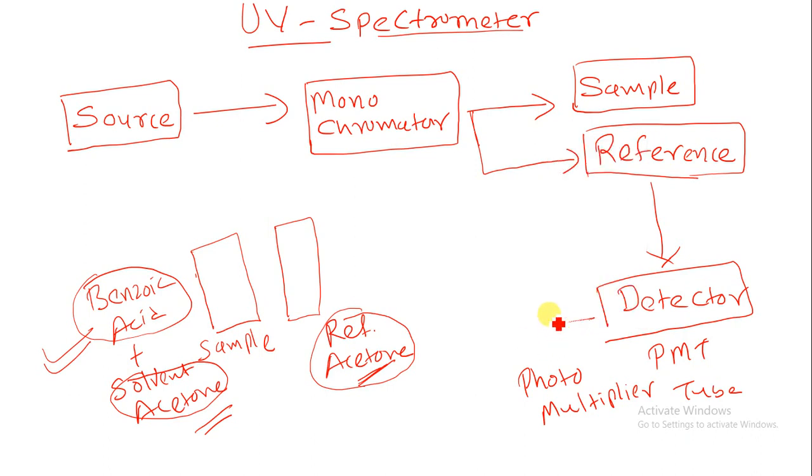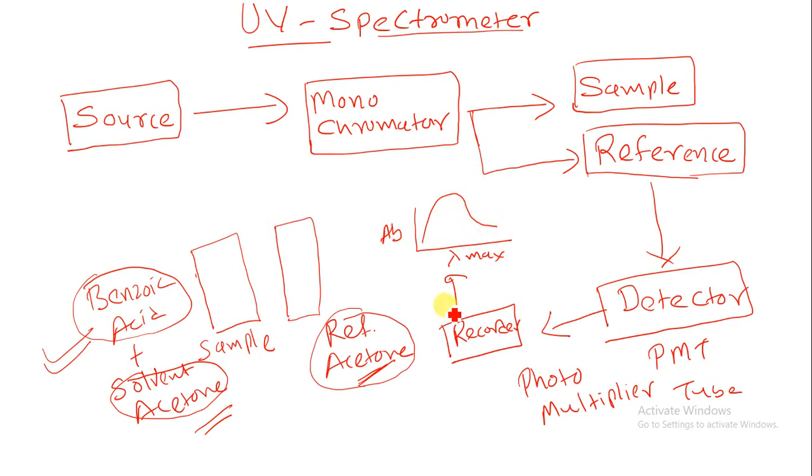The recorder is nothing but a computer, and it shows a graph with absorbance and lambda maximum. This graph is for benzoic acid.